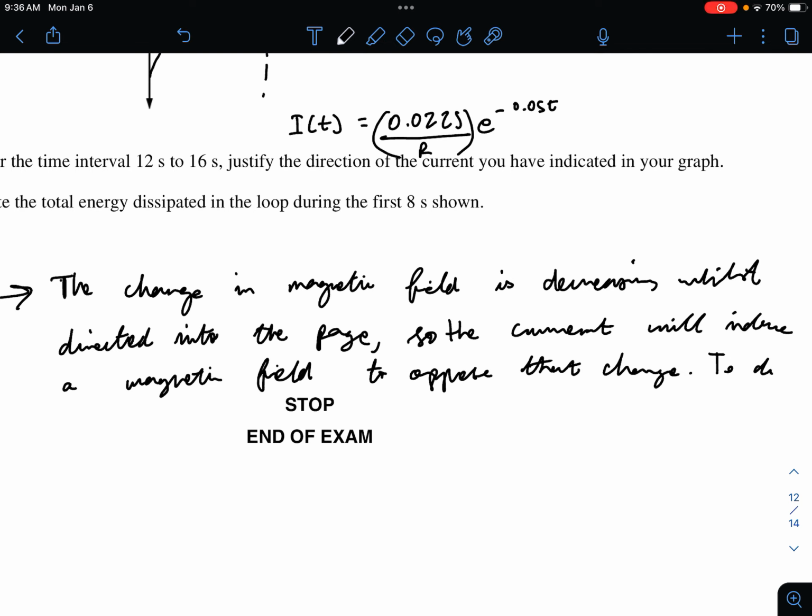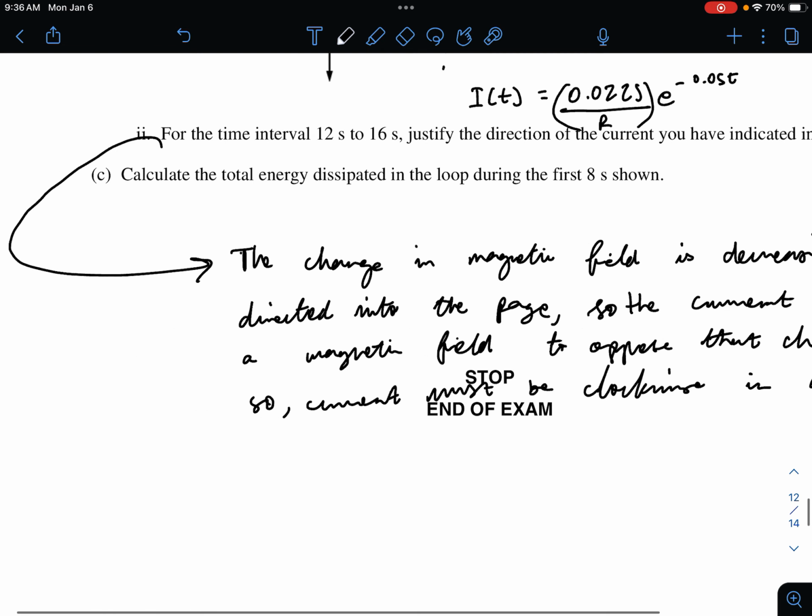To do so, the current must be clockwise in direction for a magnetic field induced into the page.